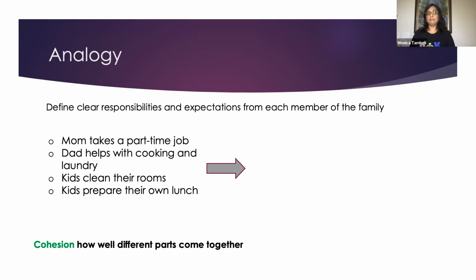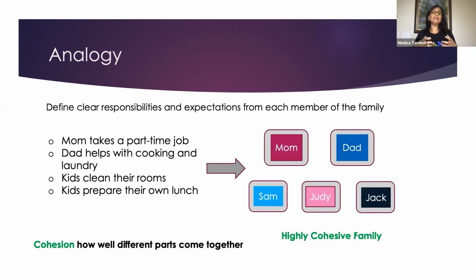Mom takes a part-time job. Dad helps with some of the chores. Kids have clear responsibilities of cleaning their rooms, doing their laundry, preparing their lunches, so they know what goes behind all those tasks and don't take it for granted. So the idea here is defining clear responsibilities and expectations and making everyone independent.